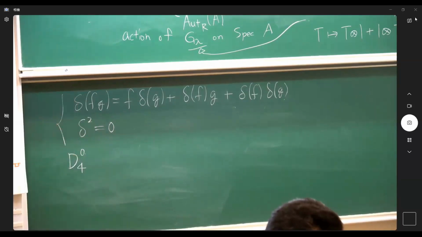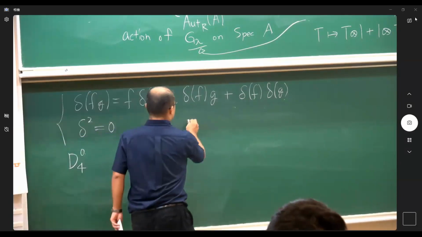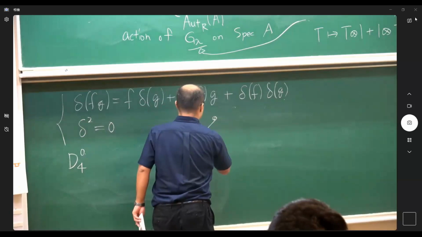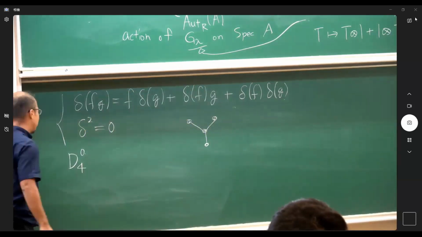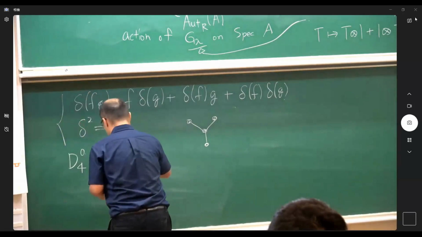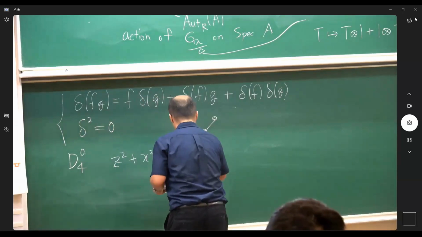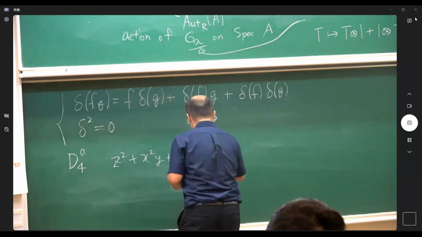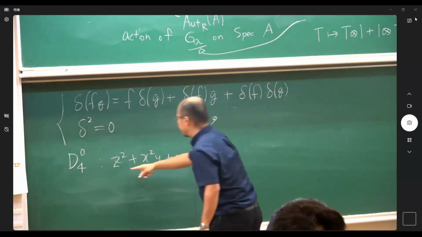Two cases, there exists one more. So D4 is an RDP. The dual diagram is like this. And there exists one more singularity with this dual diagram. And the equation is given by this.